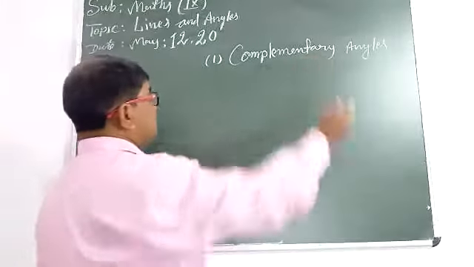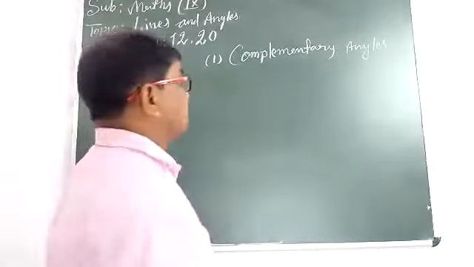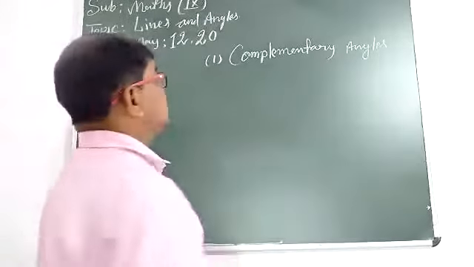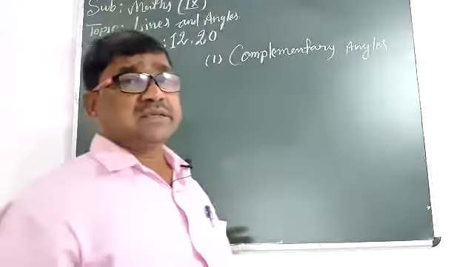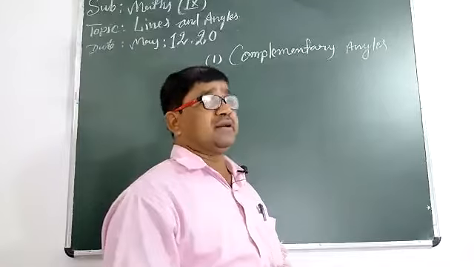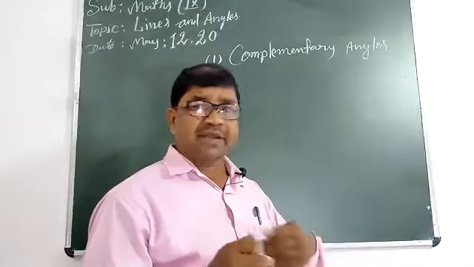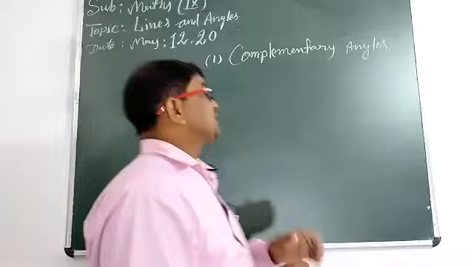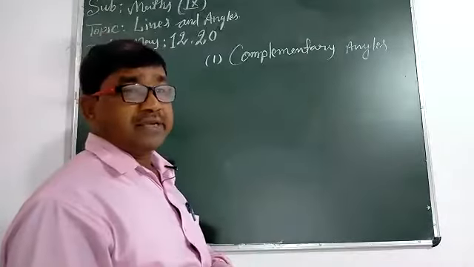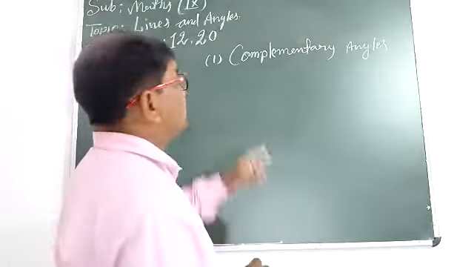You have better knowledge about this pair. Complementary angle: the sum of two angles is 90 degrees. They are called complementary angles.